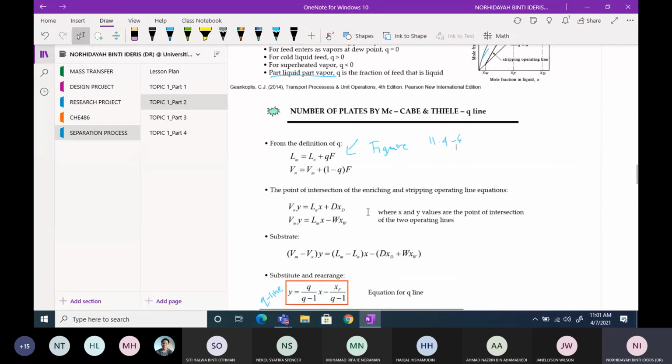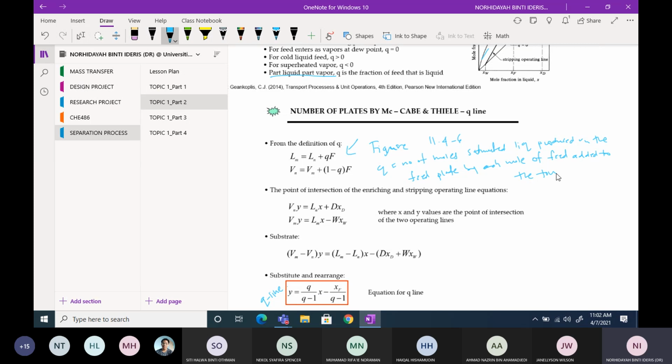So this Q, if you look inside the book, it also can be defined as a number of moles. If you read inside it, saturated liquid produced on the feed plate by each mole of feed added to the tower.